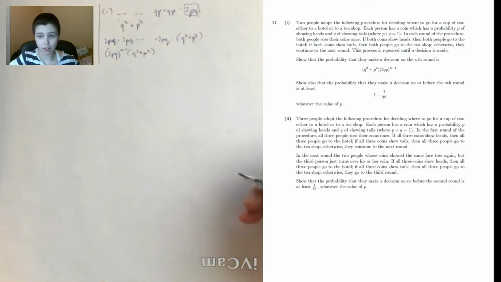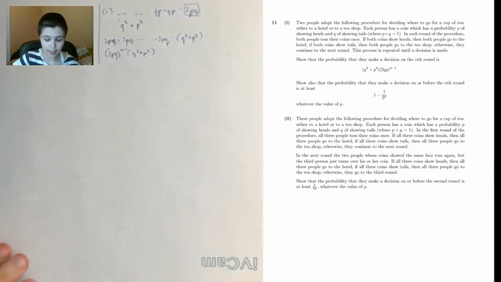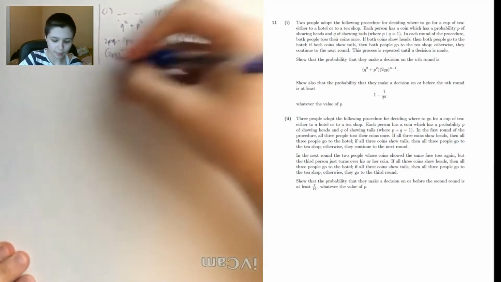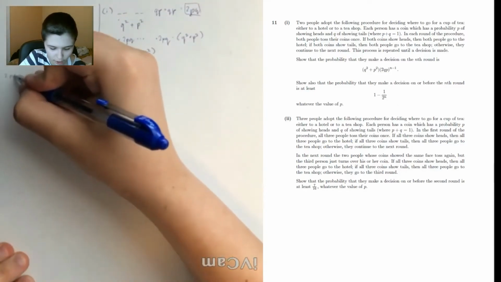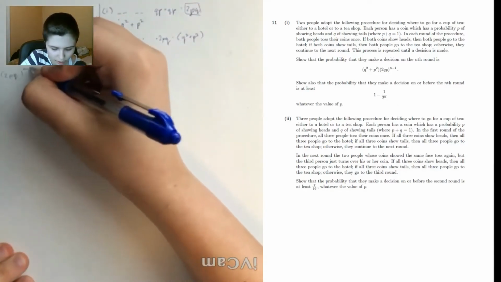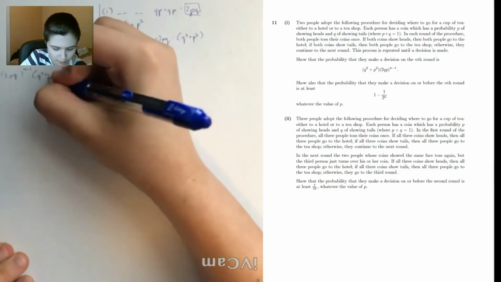Then show also that the probability they make a decision on or before the nth round is at least this. That is going to be, the probability they make it on the nth round is going to be (2pq) to the n minus 1 times q squared plus p squared.